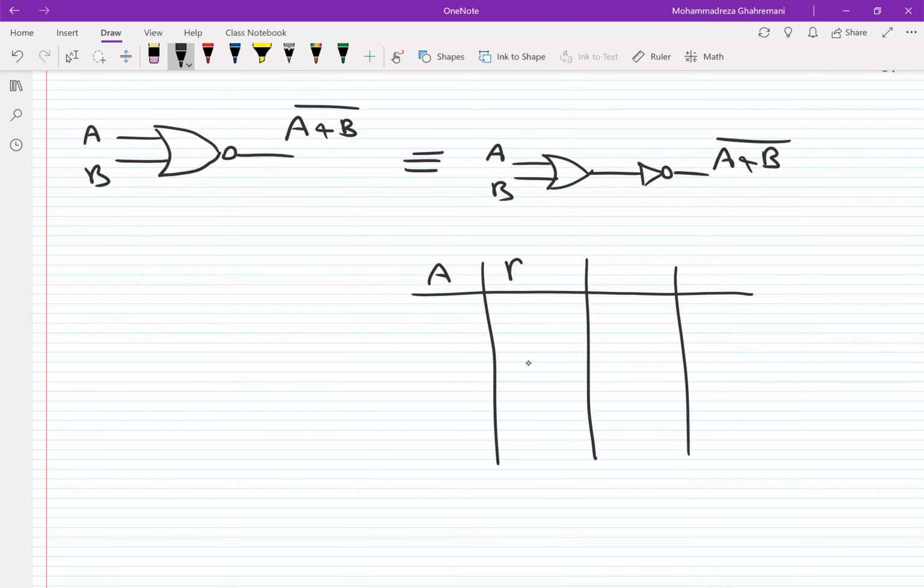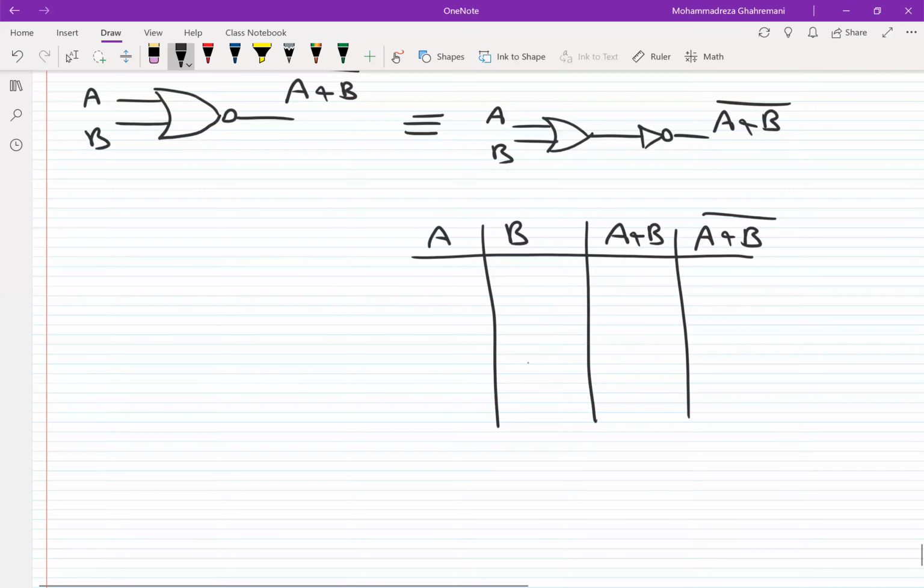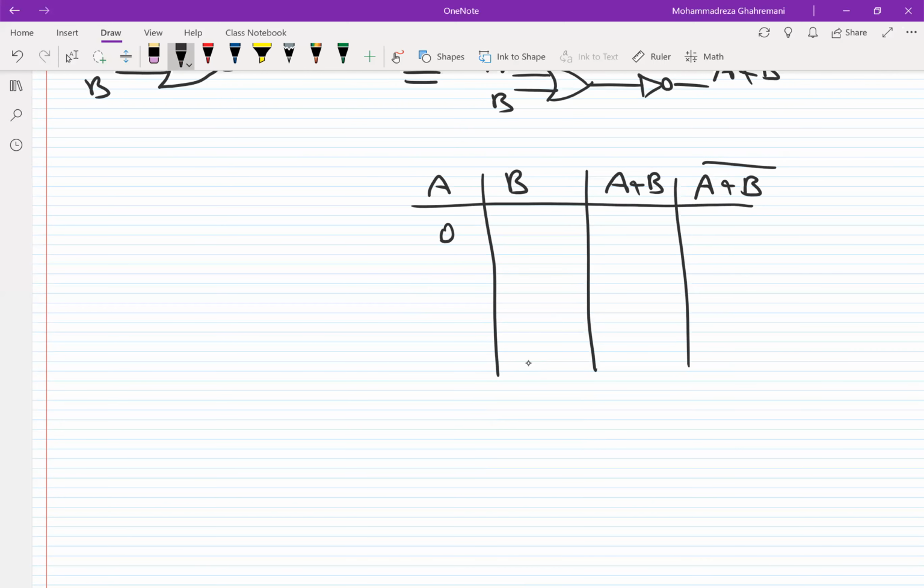We have inputs A and B: 0, 0, 0, 1, 1, 0, 1, 1. OR gate, this part, we know that the output is 0 if all inputs are 0. So it's 0, 1, 1, 1.